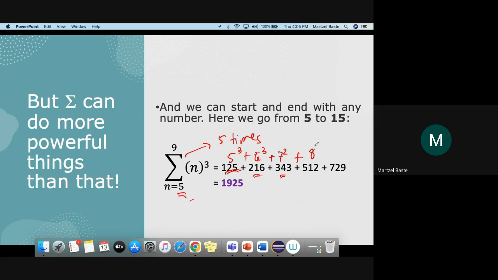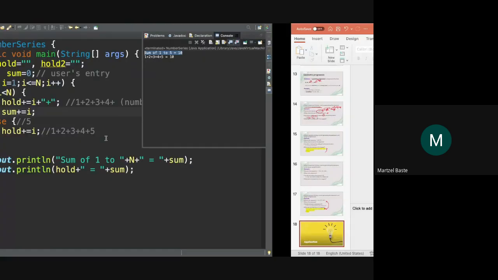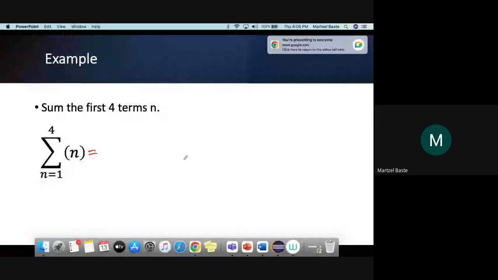And then, how about this one? The sum of the first four terms of n. So what's the result, everybody? Guys? Althea?